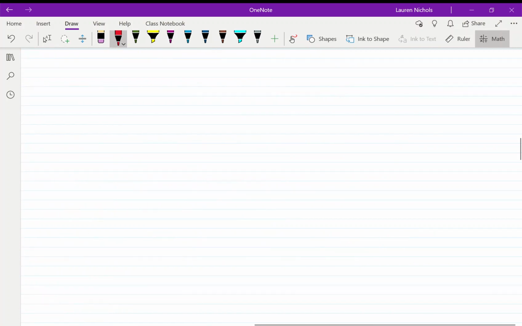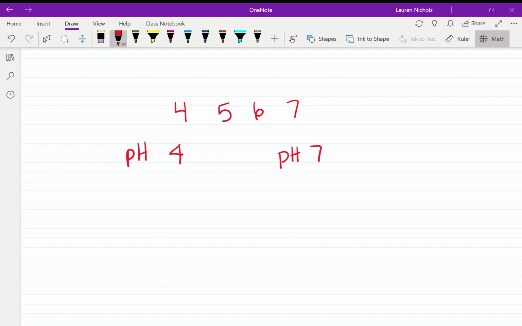So for example, if we had something that was a pH of 4 and something that was a pH of 7. In order to go from 4 to 7 on a number line, you have to go between 5 and 6. So if you count that, well, let's count the opposite way. It would be 1, 2, 3.